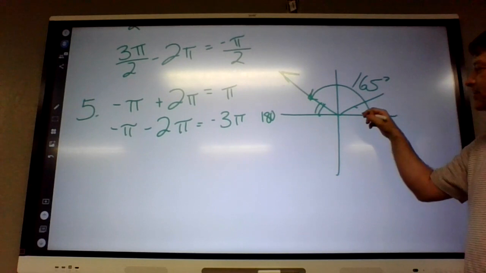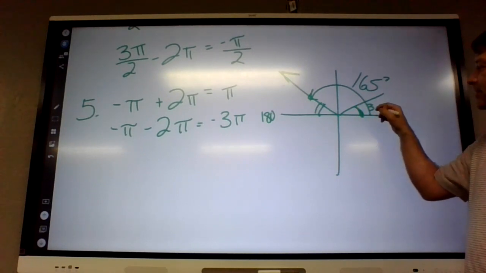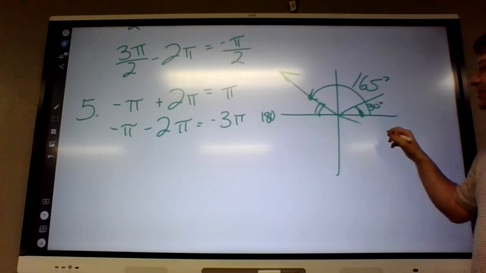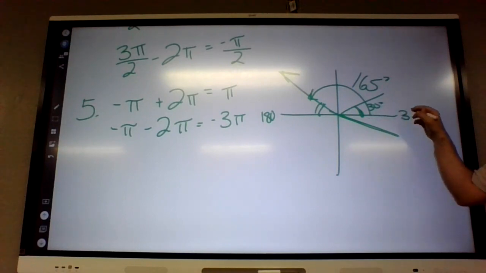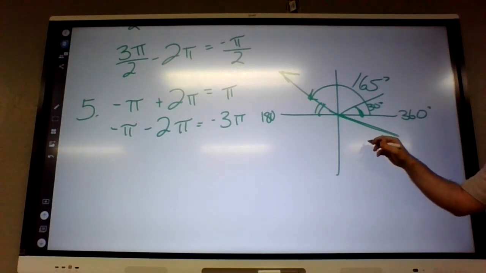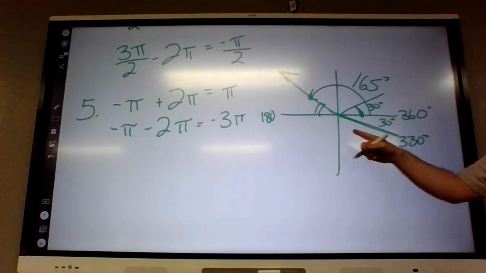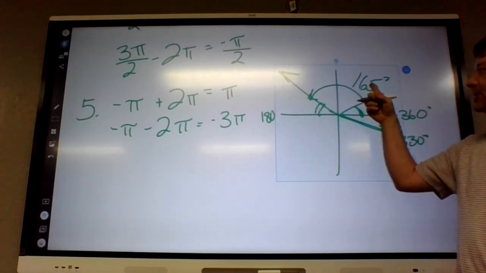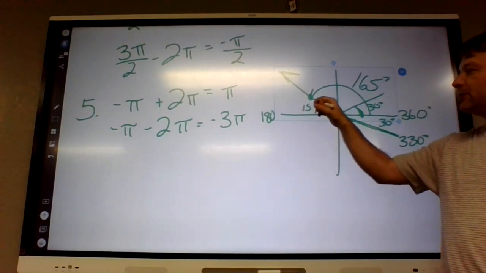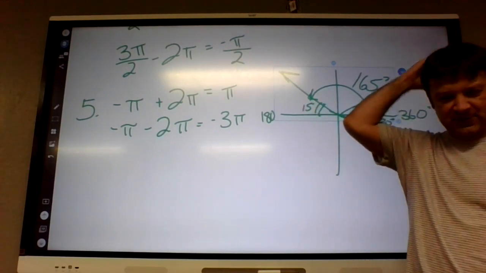If it's in the first quadrant, it is its own reference angle, like 30 degrees, it's 30 degrees. But if it's down here, it's like how far is it from 360? Like if it was 330 degrees, it would be a 30 degree reference angle. But right here, what's the difference between 180 and 165? It would be a 15 degree reference angle.